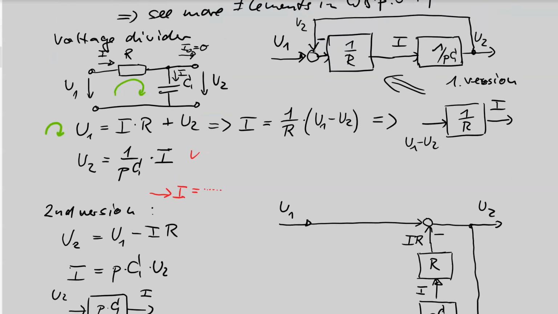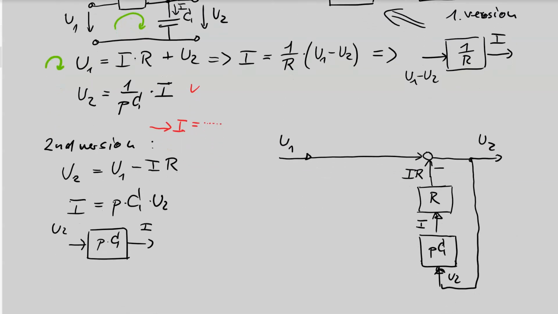The inversion of PC, 1 over PC, has something to do with integration. The opposite of differentiation is integration. So this is an integrator. And in a digital simulation system, integration is much easier to simulate than a differentiator. So in a simulation system, I prefer the first version.